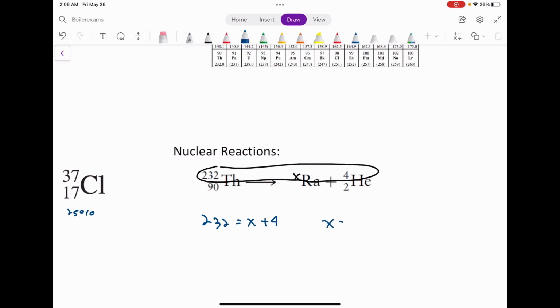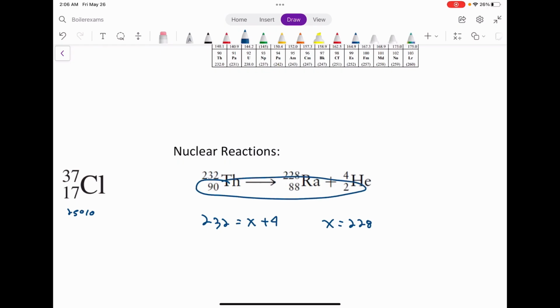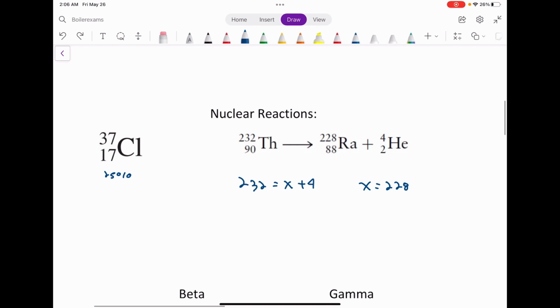Well, obviously X has to equal 228. So then 228 is the mass number of my radium, or whatever Ra is. I don't even know. And then same thing for the bottom. We could do 90 equals 88 plus 2. So we can do nuclear reactions and balance them in a similar way as chemical reactions.